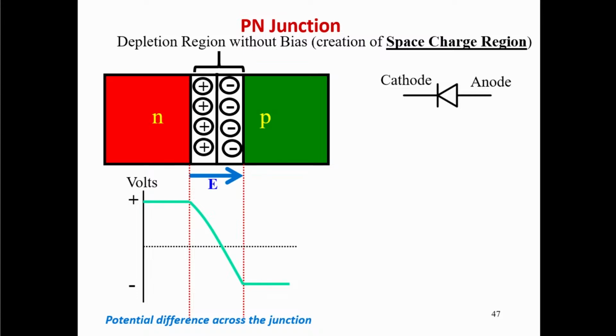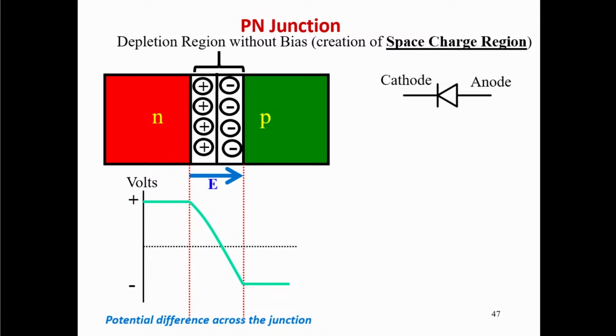If I just make a good contact between a p and n type semiconductor, they will create this depletion region, because some electrons have moved to the p side, leaving a static positive space charge in the n side. Some holes from the p type move towards the n side, leaving a static negative charge in the p side of the semiconductor.